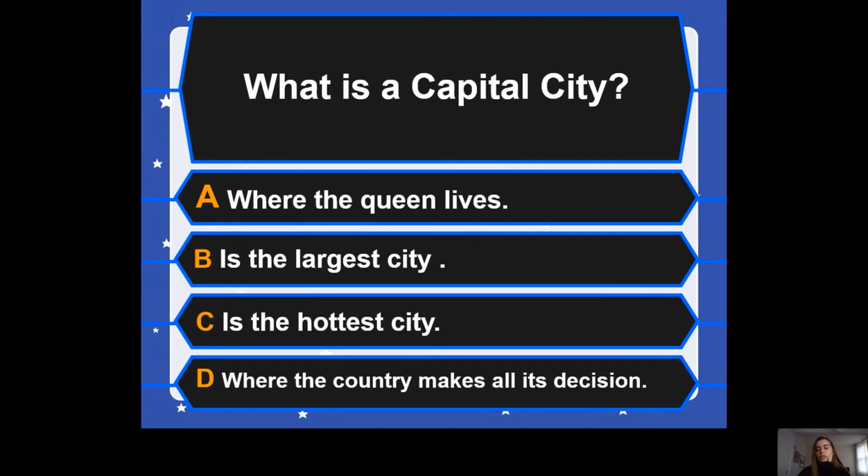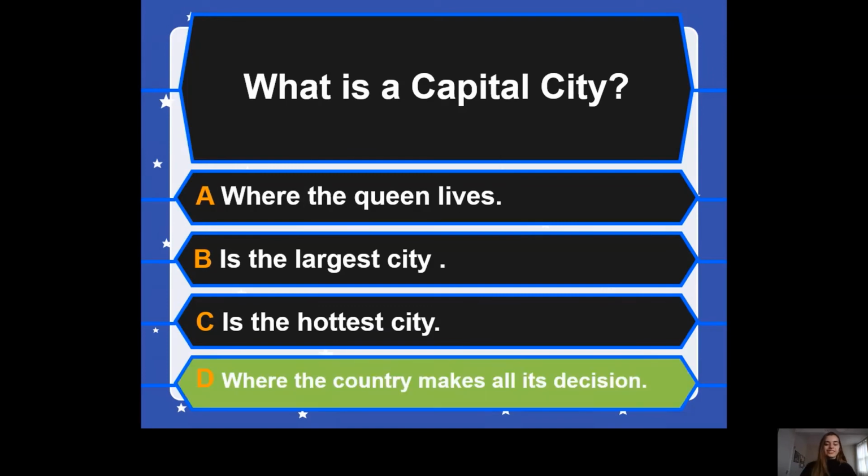Can you write down an answer, please? I'm going to give you 5, 4, 3, 2, 1. What is a capital city? It's D, where the country makes all its decisions. So it's where the government is, where they make all these important rules and laws that we have to follow.